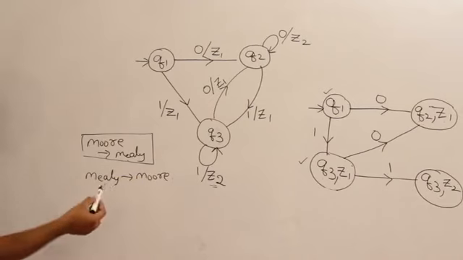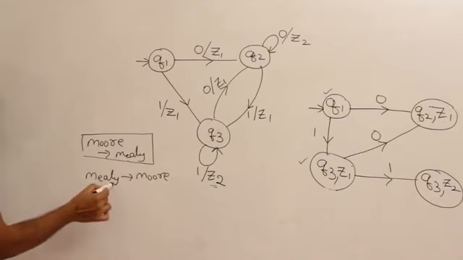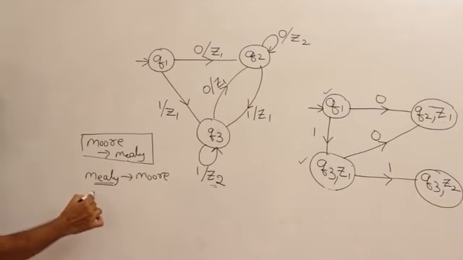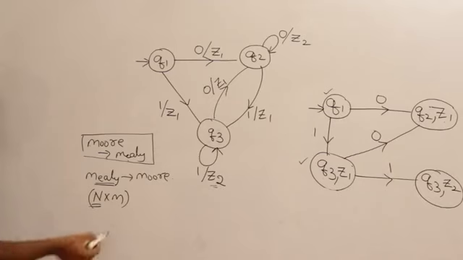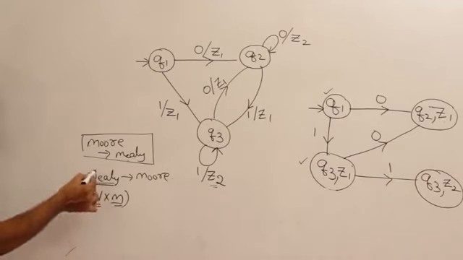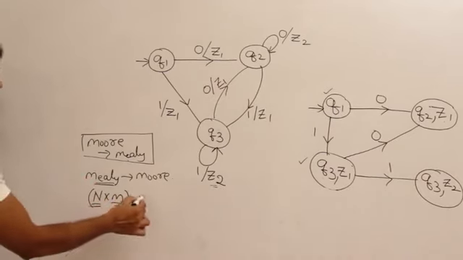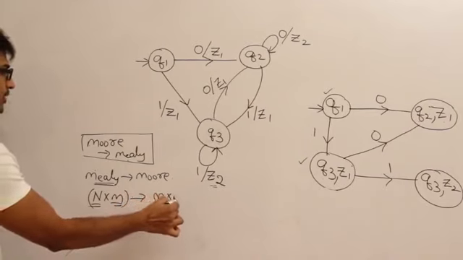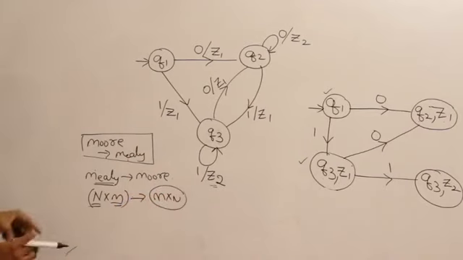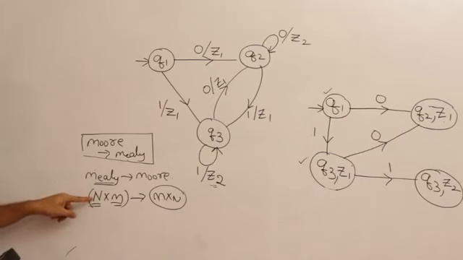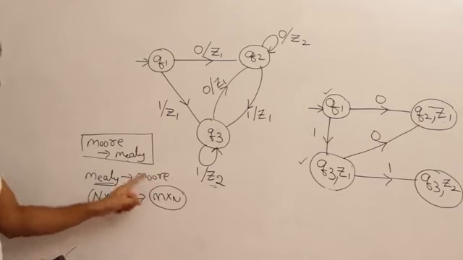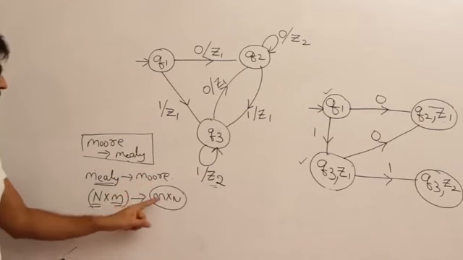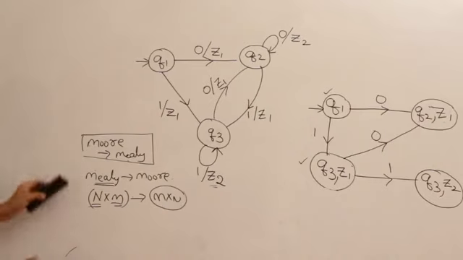If in the given Mealy machine there are n states and m outputs, then the Moore machine may contain m times n states.